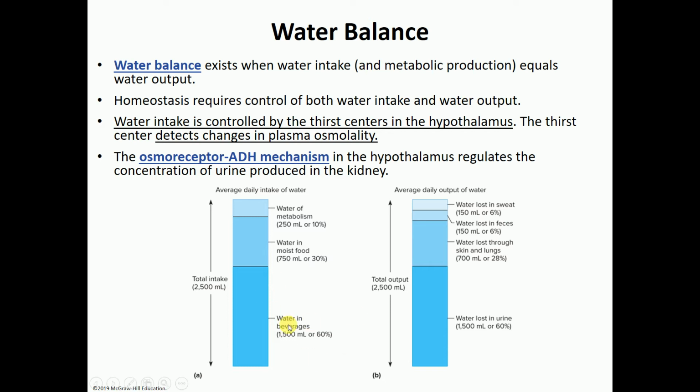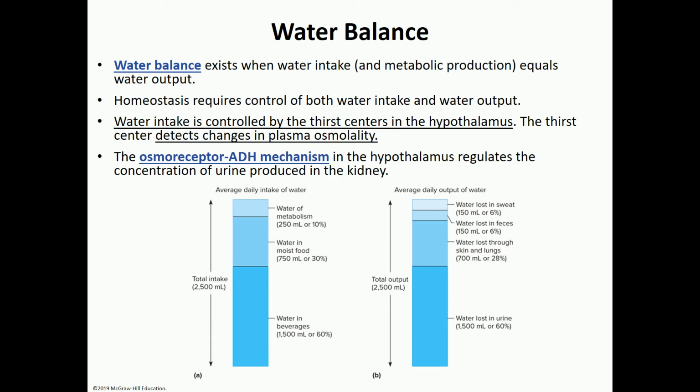We might drink more water on some days than others. We might sweat more on certain days than others. So there has to be that balance, making sure that they are equal in order to maintain water homeostasis. And water homeostasis is actually controlled by the hypothalamus. There is a thirst center in the hypothalamus, and that thirst center has what are known as osmoreceptors.